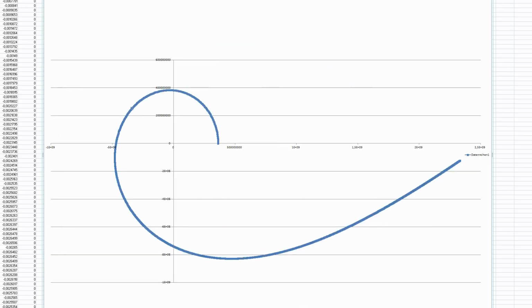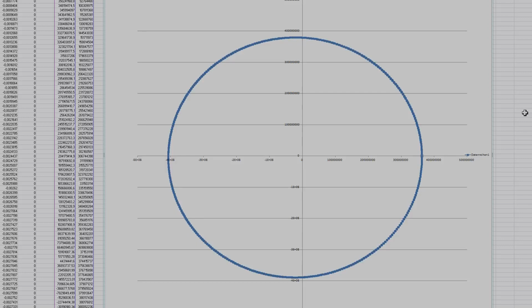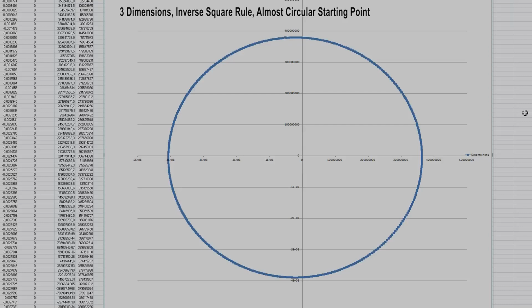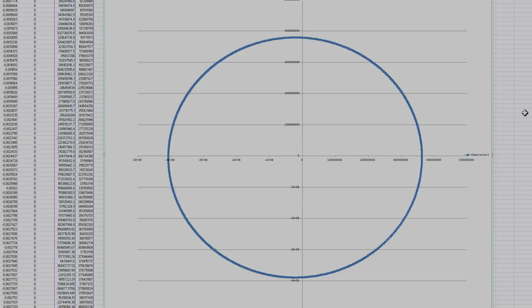I've just changed it to behave by the inverse to the power of n minus 1 law, and then put in the numbers to correct it so that it gives you, at least in the beginning, the same roughly almost circular orbit that we have in the three-dimensional lunar orbit model.